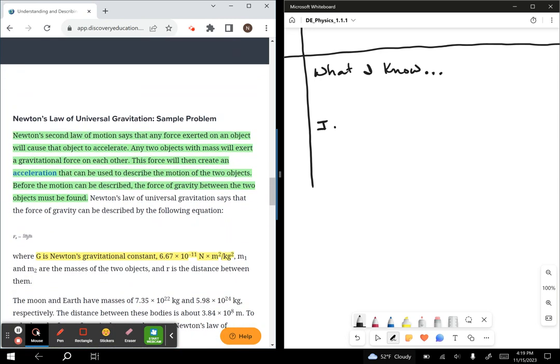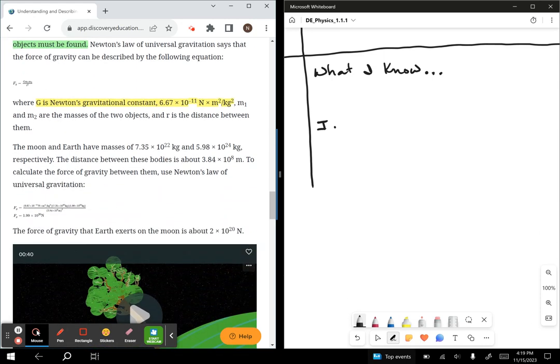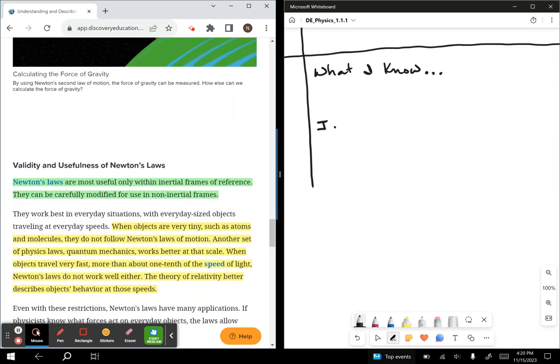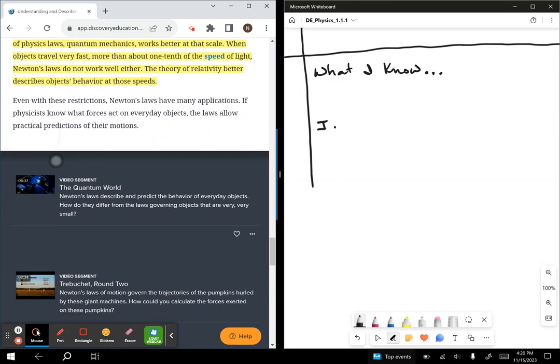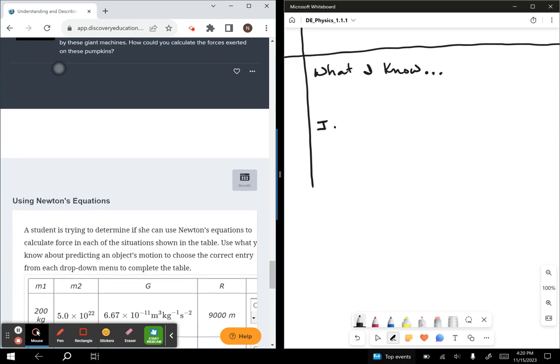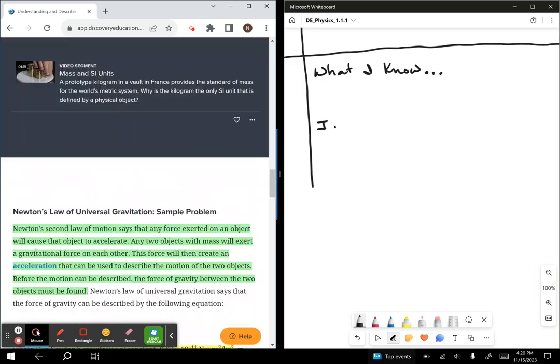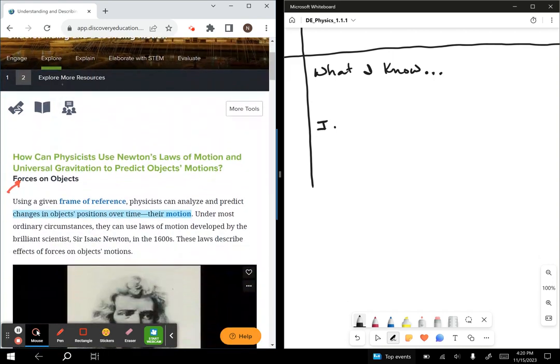I got 3 sections here, and this is a sample problem. Then we've got a section called validity and usefulness of Newton's laws, so there's our 3rd section, perhaps. And then we've got some homework problems, and that's it. So that helps us in laying out our notes there.